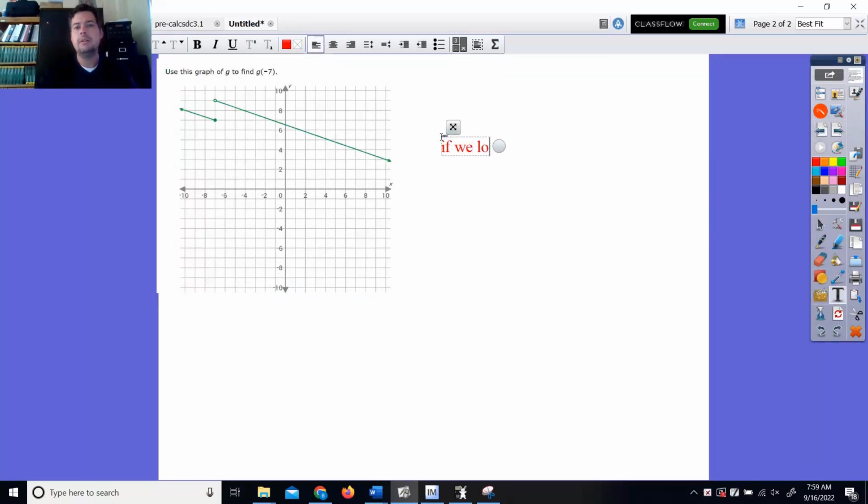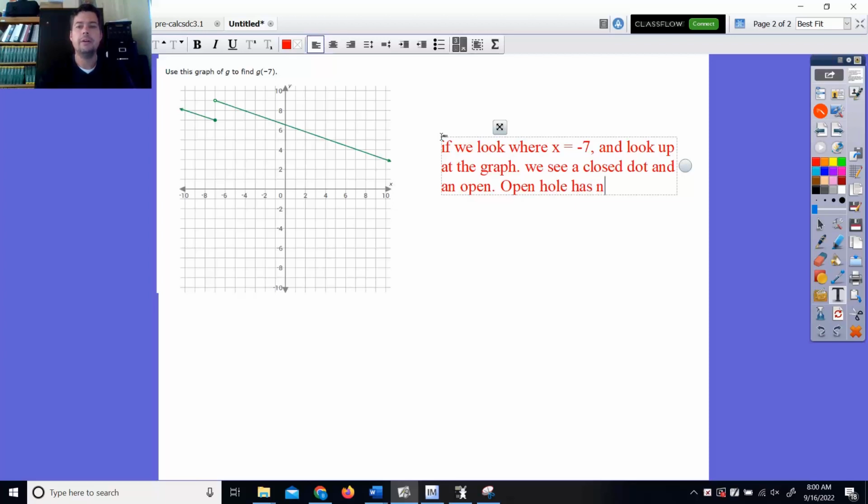If we look where x equals negative 7 and look up at the graphs, we see a closed dot and an open dot. An open dot or an open hole has no value. So we use the closed hole. So it looks to me like g of negative 7 has an actual value of 7.